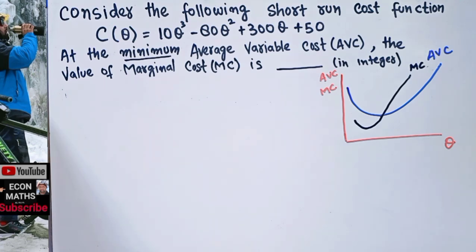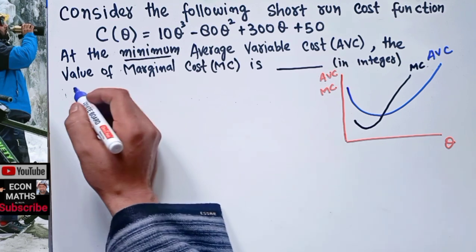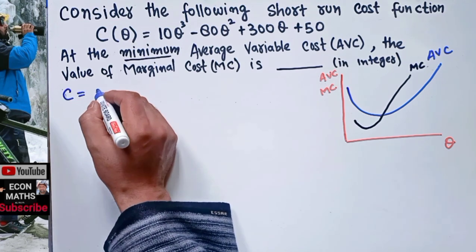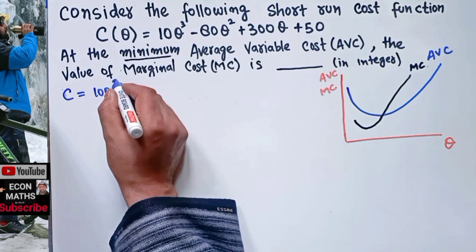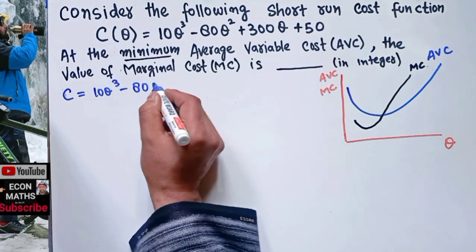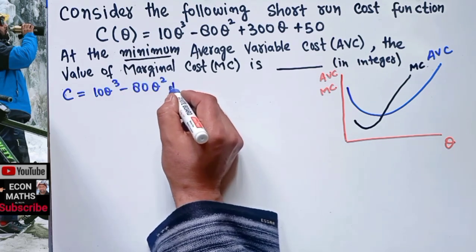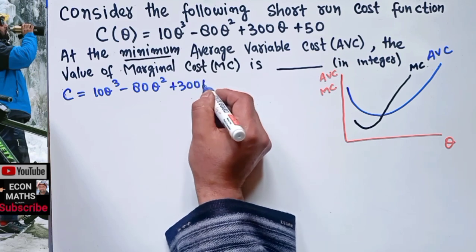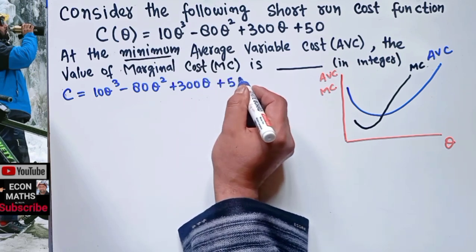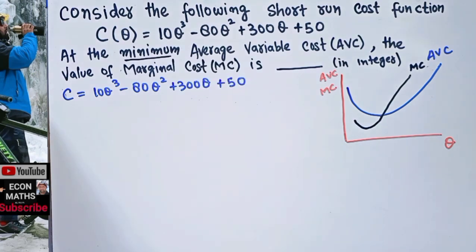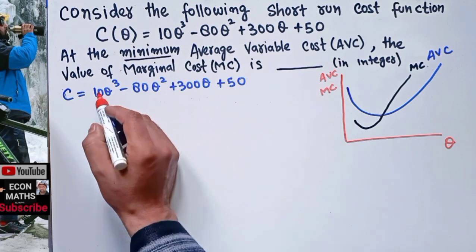Okay, let us see what we are being given. We are being given the cost function is C is equal to 10q cube minus 80q square plus 300q plus 50. This is our total cost function. Let us see what is here the variable cost and fixed cost.